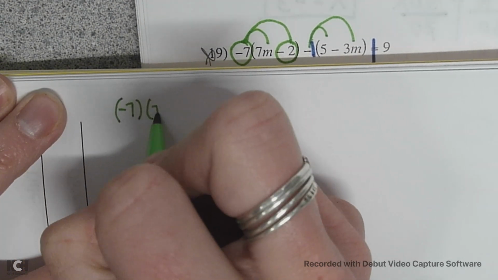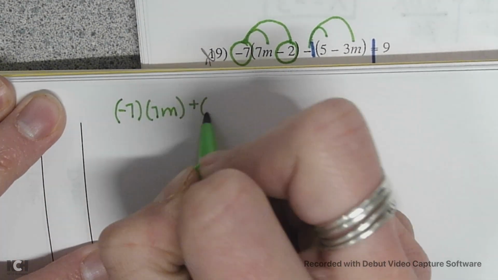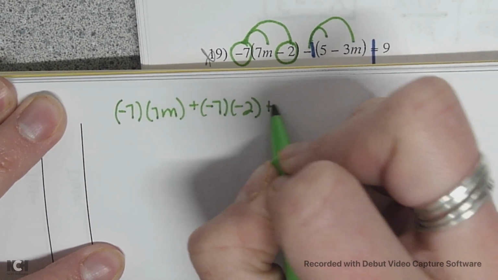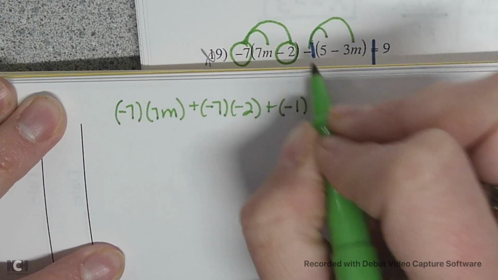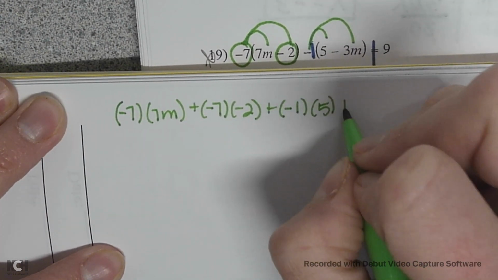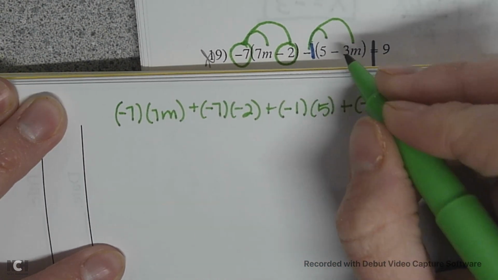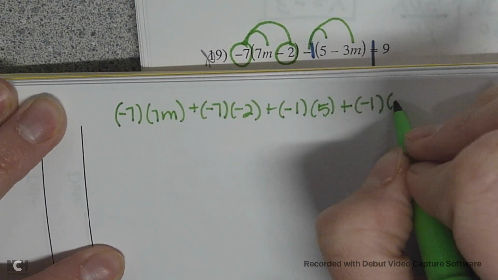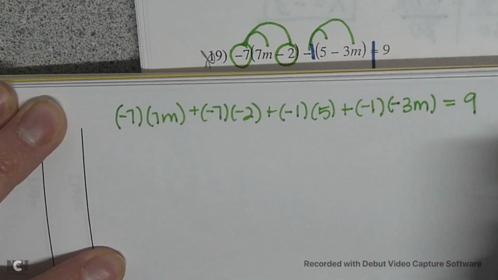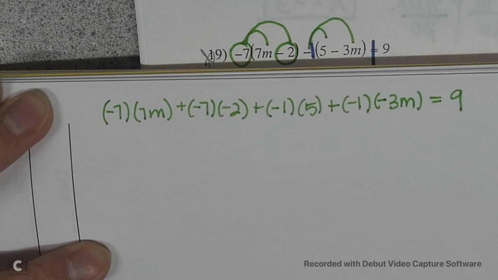-7 times 7m and -7 times -2 and -1, that's this blue guy right here, times 5 and -1 times my other number inside of my parentheses, which is -3m, that equals 9. There we go, I got it.